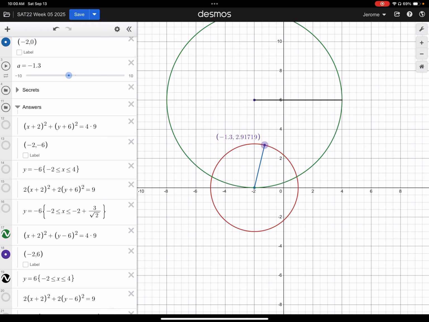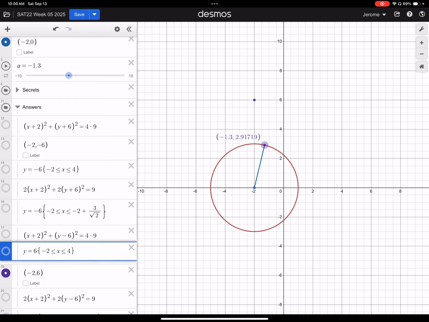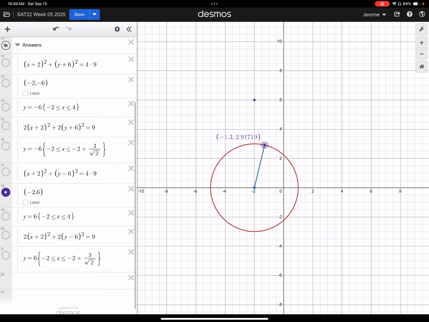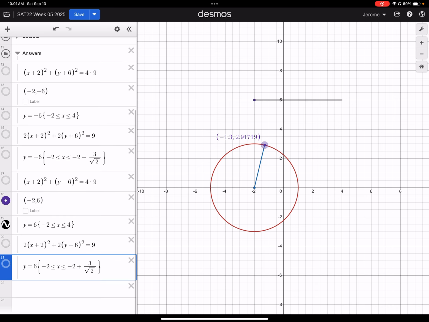The problem with this one is that it translated our circle up 6 units instead of down 6 units, even though it has the correct size radius where it is 3 times bigger. And then finally, here is answer choice D with its radius. It again translated our circle up instead of down, and then actually decreased the radius instead of increasing it by multiplying it by 2.